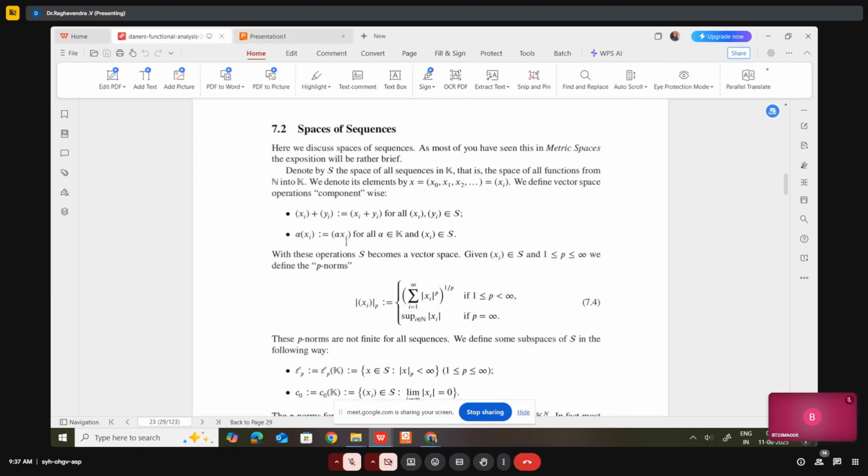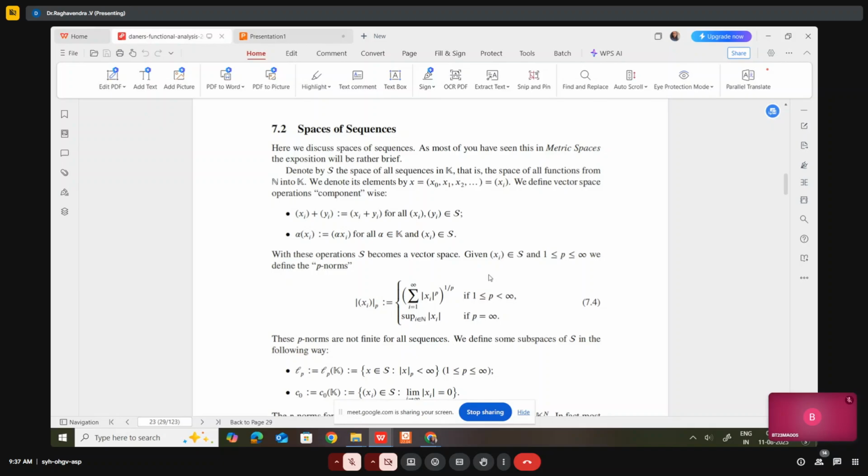Alpha times the sequence xi is alpha times xi, component-wise or point-wise scalar multiplication. These are the two operations that we define on S. How do you define a vector space? You have to define two operations: one, an addition; two, scalar multiplication. So on this sequence space, we have defined two operations, and then it becomes a vector space.